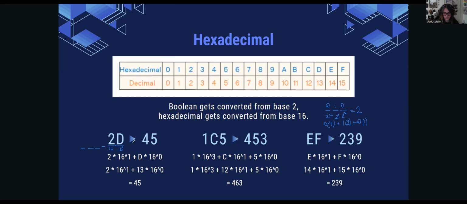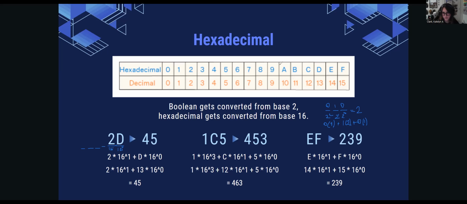With the hexadecimal, we're writing it out as 2, the number here, times 16 plus D times 16 to the 0th. That D, we look at the hexadecimal chart and convert to the number it's associated with, which is 13. A really easy way to remember this is just know that it's 0 through 9, and then every letter is just the next number.